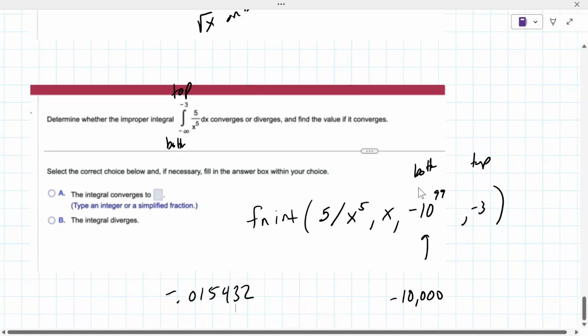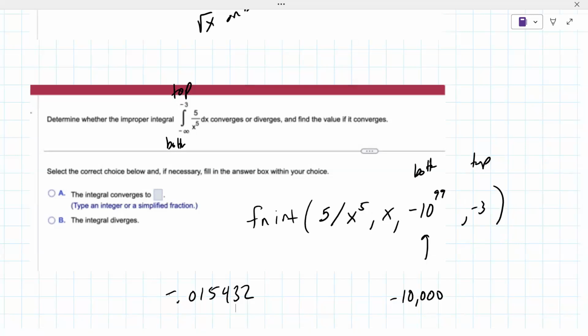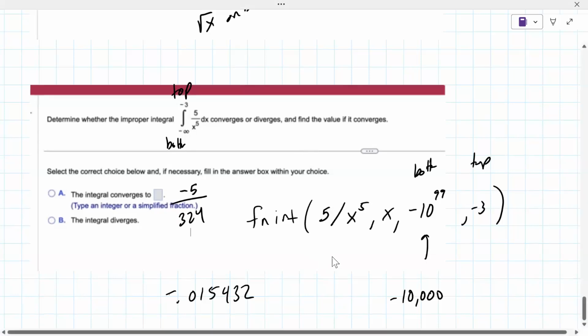Well, the correct answer is -5/324. Maybe just double check these.